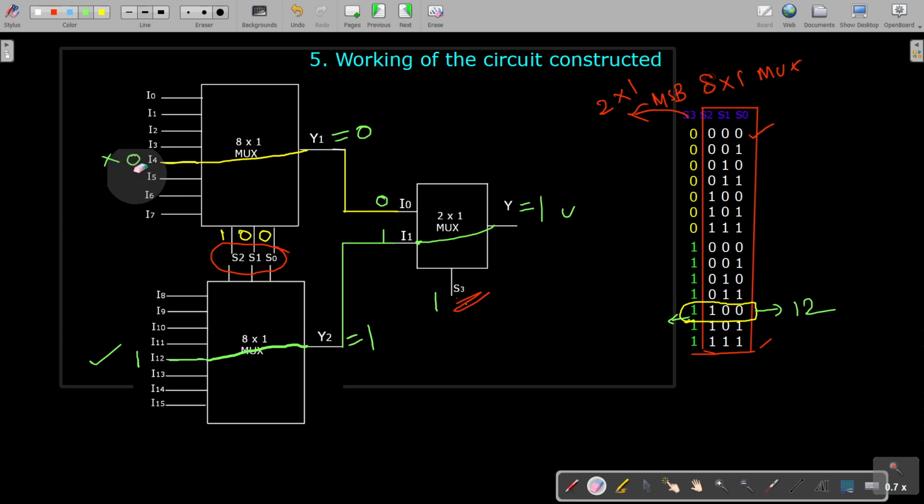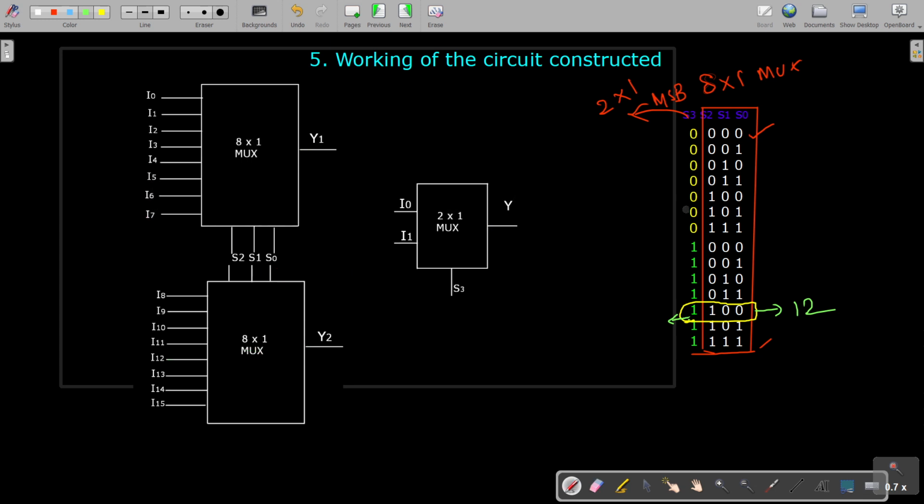So we'll see another example. So here suppose this 0111 is taken as the selection input. So here you will be having 111, and here this will be having 0. Because of this 111, I7 is selected and it is being connected.